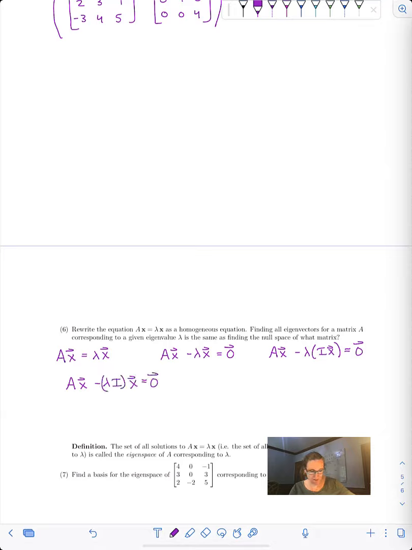And so now we can use the distributive property of matrix multiplication to get A minus lambda I times x equals 0.